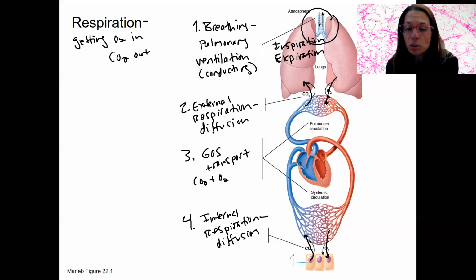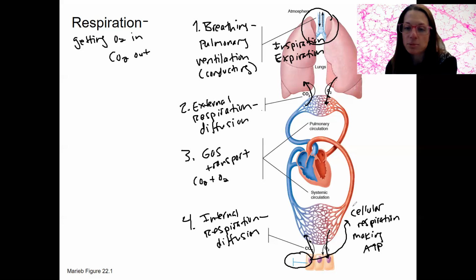What do you think this blue little line here is? This is a part of the process that is not going to be considered as part of our respiratory system, but I want to tell you what it is. This is cellular respiration. So inside the cells, right, we've got glucose and oxygen making ATP, cellular respiration.